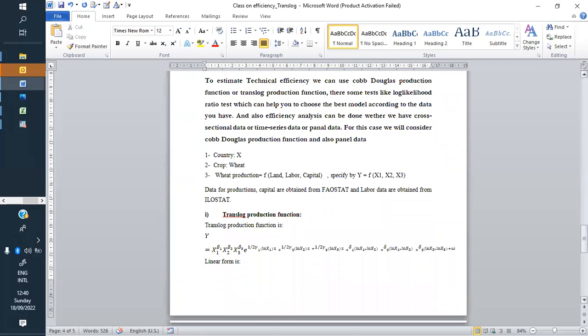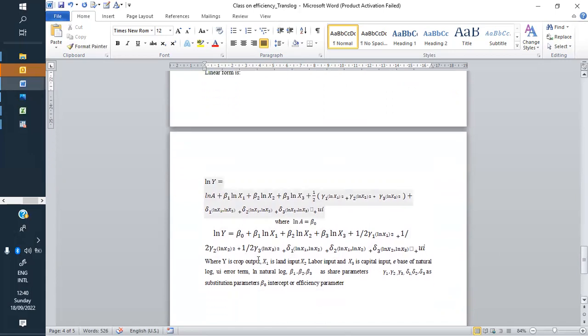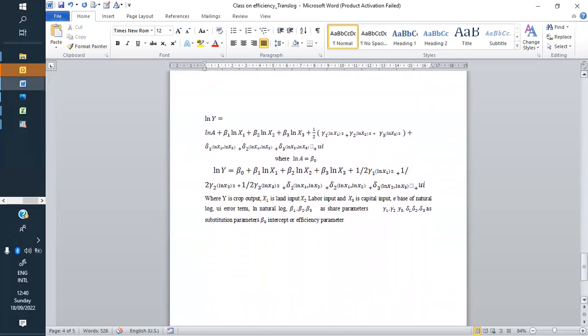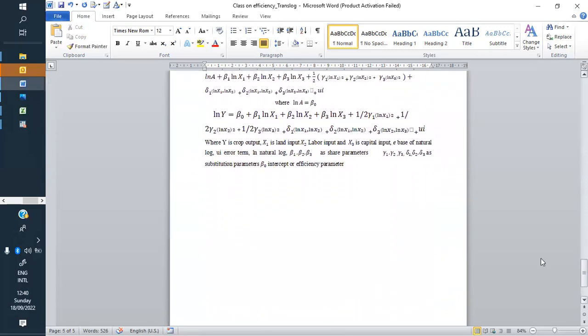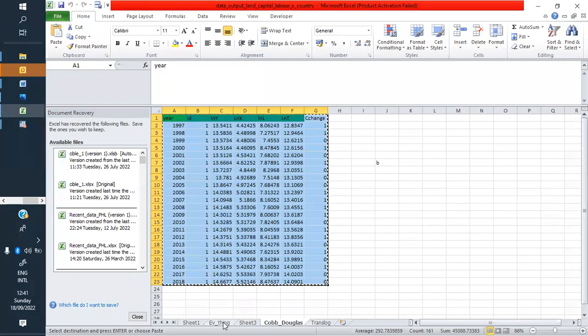Let's see how the Cobb-Douglas and translog functions look. That's the structure of a translog function, but we need to linearize it into this linear form. When we have our data, we need to convert it in that manner before proceeding.